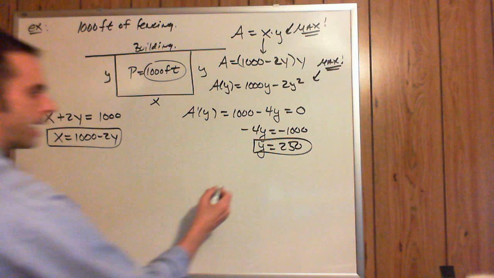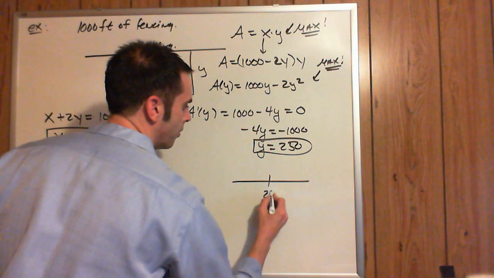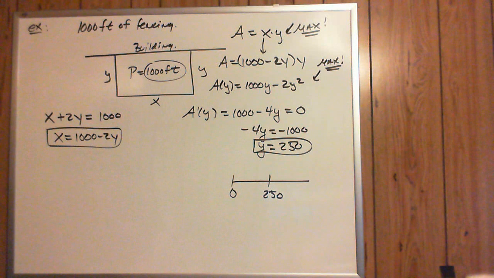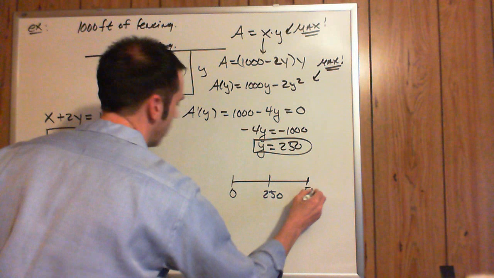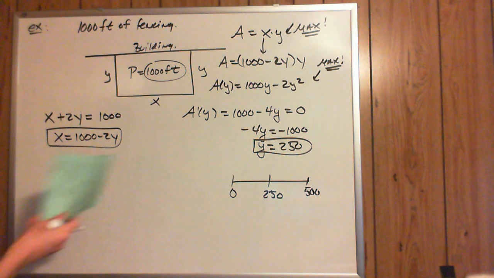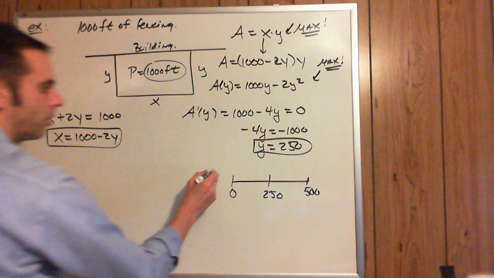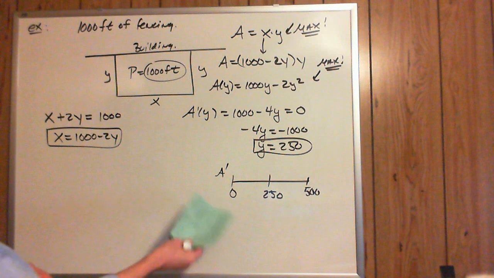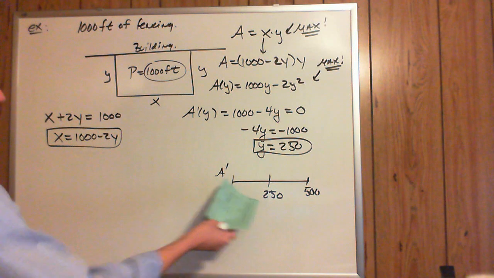Okay, so now by a number line test, we'd have 250 and 0. And we could see here that the domain would have to be up to 500. Anything beyond that would yield a negative dimension, which would not make sense. So this here is A prime. Even if you did not realize that, you'd get away with confirming that you would have a maximum at 250.